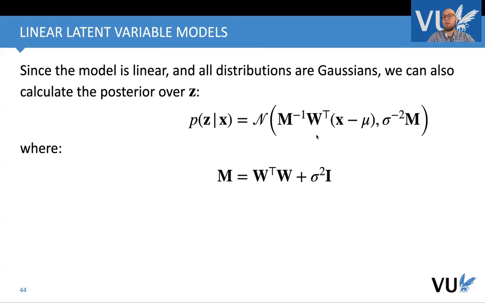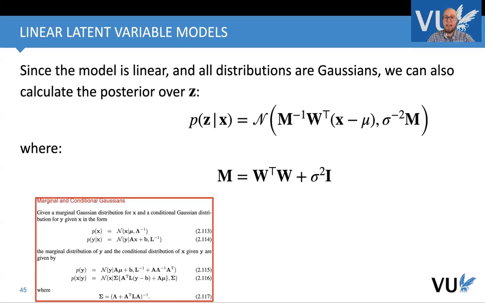The mean is calculated in the following way, where we need to calculate the inversion of the matrix M. M is the covariance matrix from the previous slide, and it appears in the mean and also in the covariance matrix for this distribution. Again, for how to calculate it, please take a look at Bishop's book, because he presented exactly the formula. We just need to use our linear dependency.